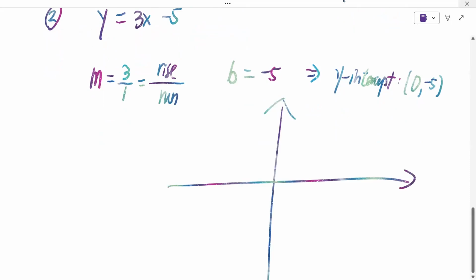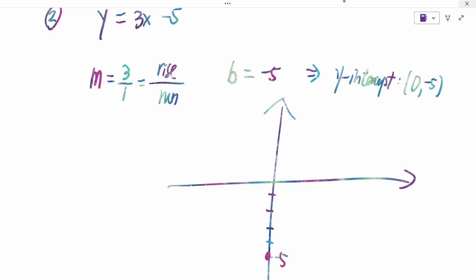The y-intercept is located on the y-axis at negative 5. We start with this point right here. This is the y-intercept. And then we use the slope to create another point, another ordered pair, on the Cartesian system, and connect them.